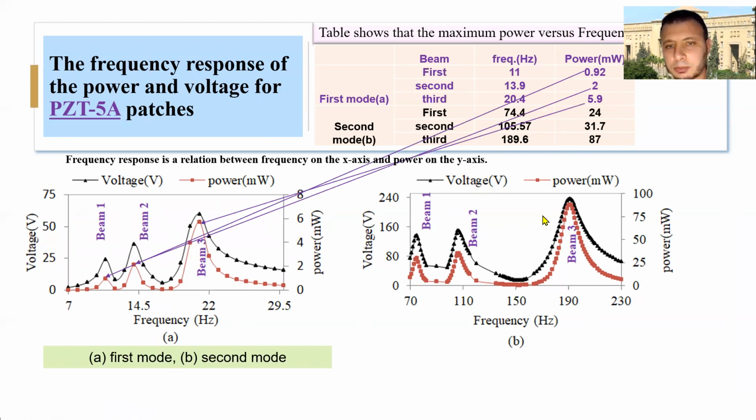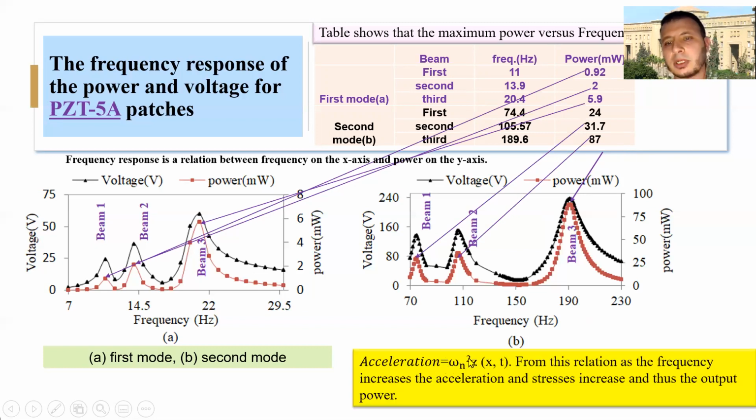For the second mode, the first peak is 24, the second peak is 31, and the third peak is 87.